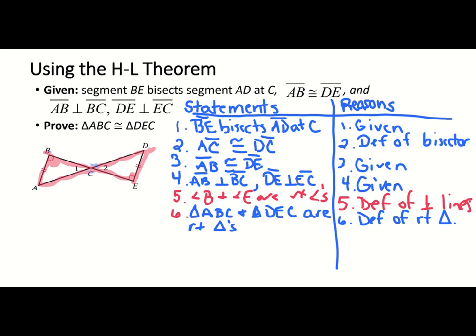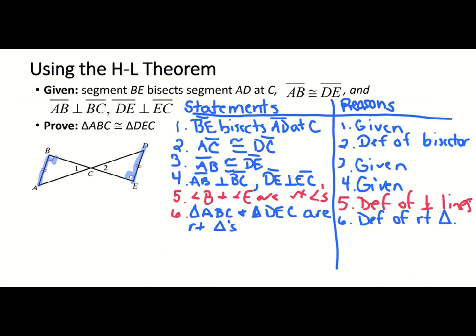So right now, so far, I know that AB is congruent to DE. I also know that I have a right angle here. So AB and DE are legs.